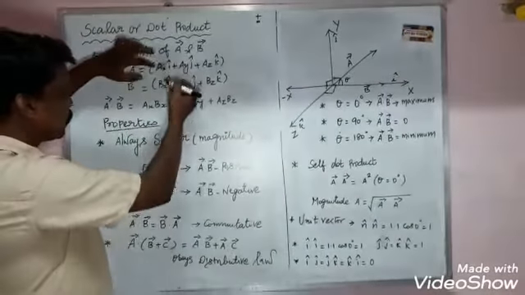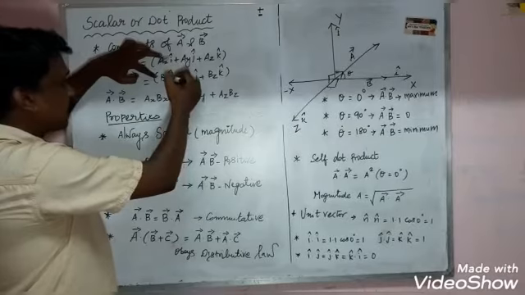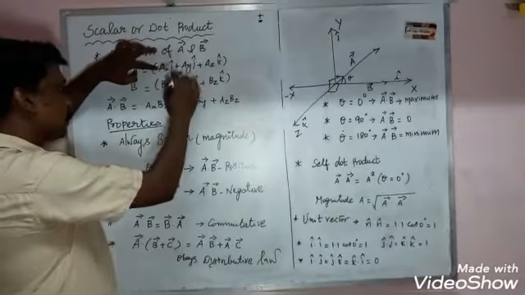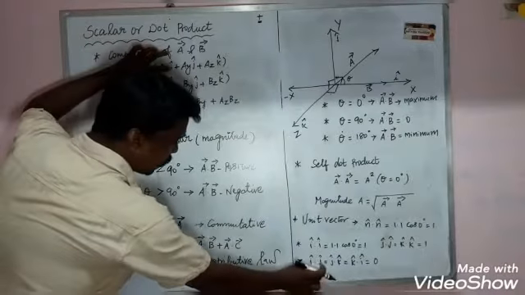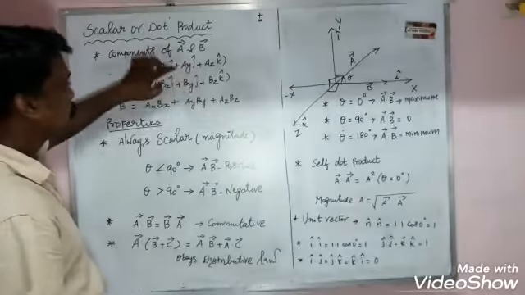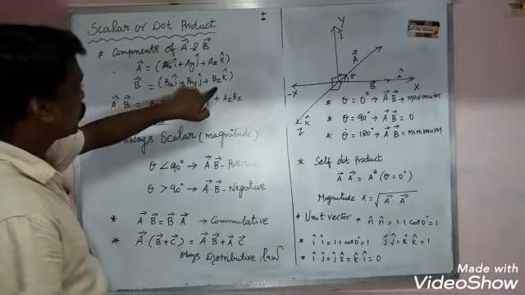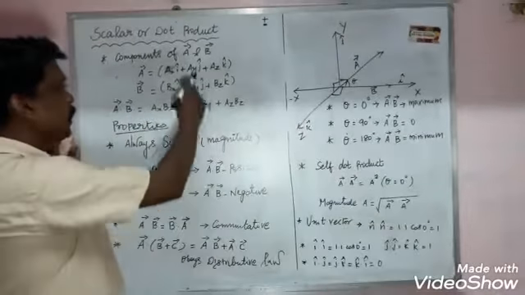So how are we getting this? Ax dot Bx, i cap dot i cap becomes 1. Suppose you are taking the dot product for Ax and By, i cap dot j cap, you know that i cap dot j cap is equal to 0 because these unit vectors are perpendicular to each other, therefore it becomes 0. In the same way, Ax dot Bz, i cap dot k cap, is also equal to 0 because it is perpendicular.